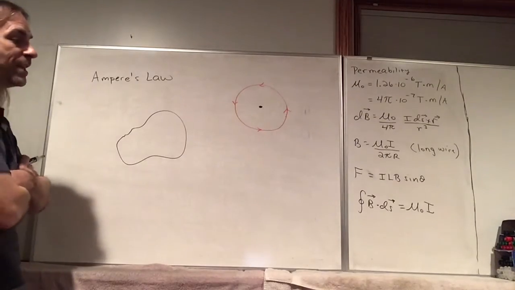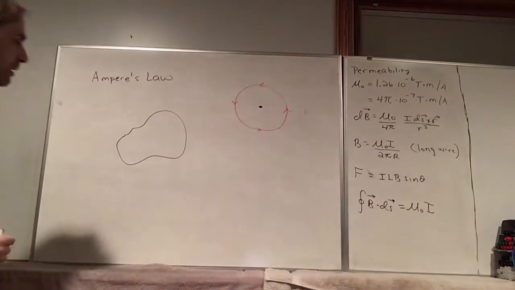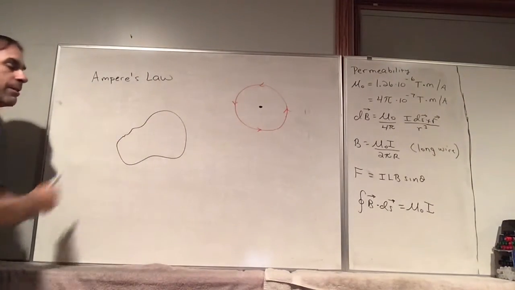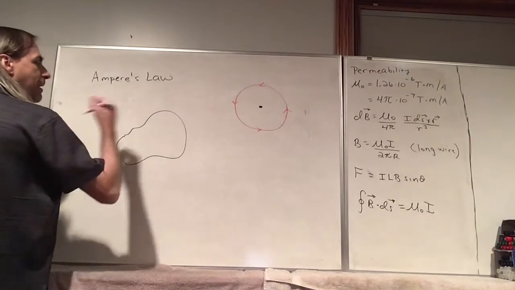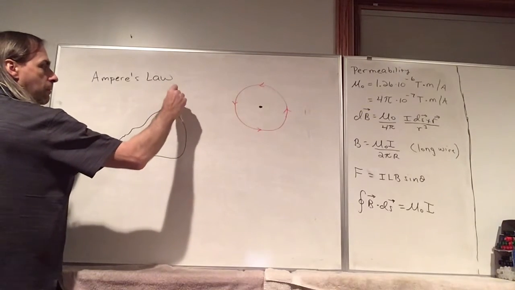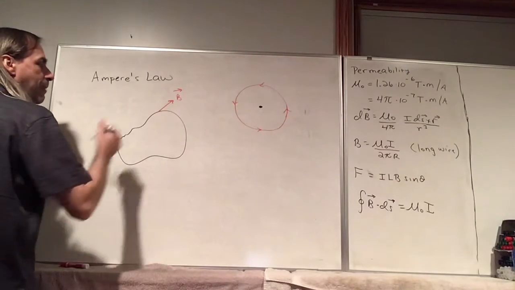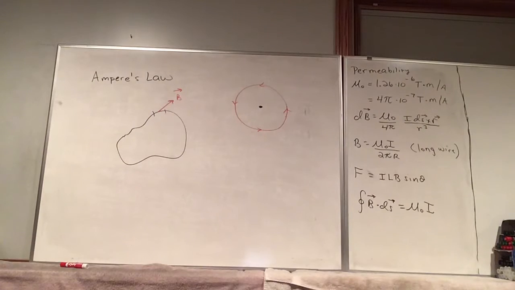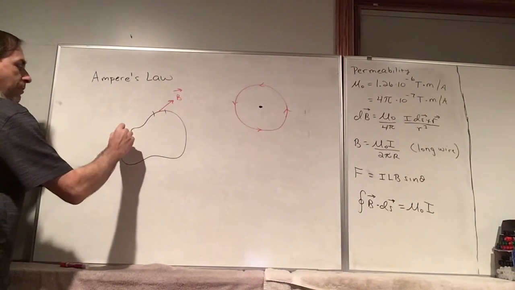Okay, so the left side, what we do is we take the integral of B dot ds. So let's say this is our Amperian curve, and let's say at some point the magnetic field looks like this. So again, we're integrating, so we have to consider line segments. And let's trace, we have to pick a direction.